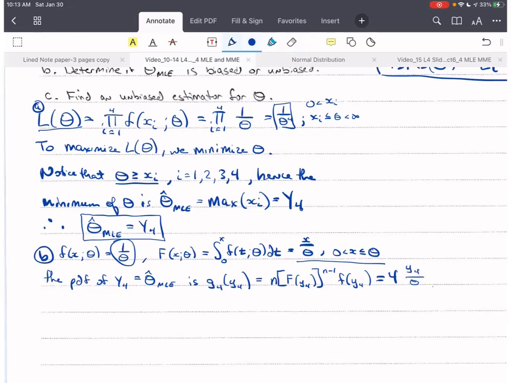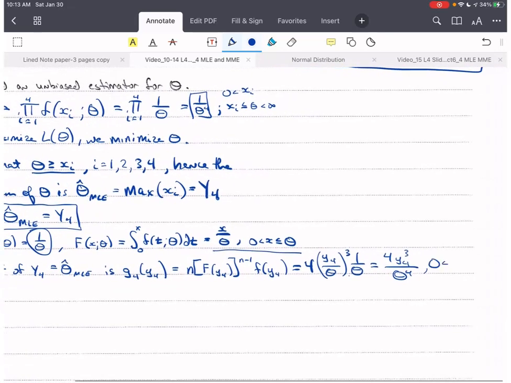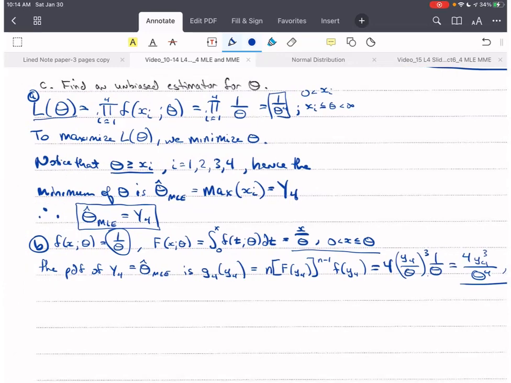And this is raised to the N minus 1, which is 3. And then we have f of y, which is simply 1 over theta. There's no y in the PDF. So if we solve it out, this is equal to 4 y4 cubed over theta to the 4th. And now we can say 0 less than y4 less than theta. There we go. So this is our PDF of y4.